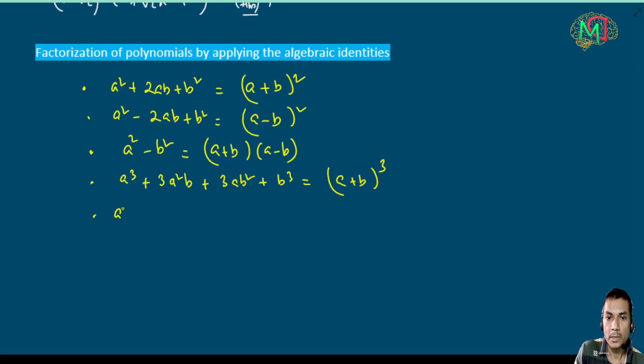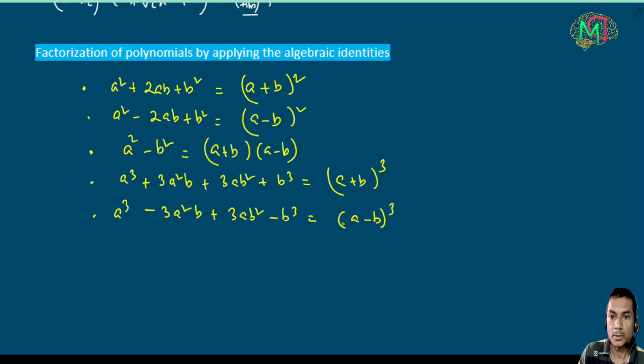If we get the polynomial as a cube minus 3a square b plus 3ab square minus b cube, we can write it as a minus b whole cube. And if we get a cube minus b cube minus 3ab into a minus b, then also we can write it as a minus b whole cube. Actually, these are the same.